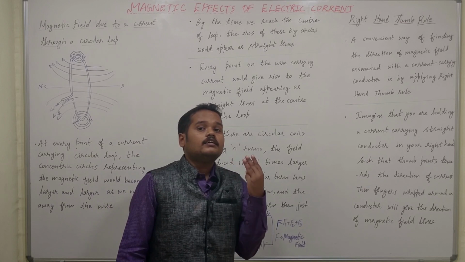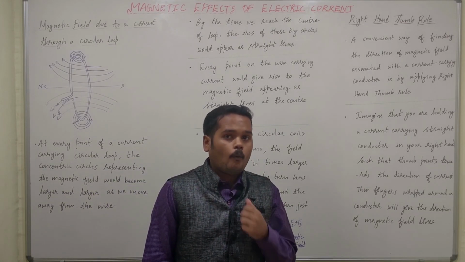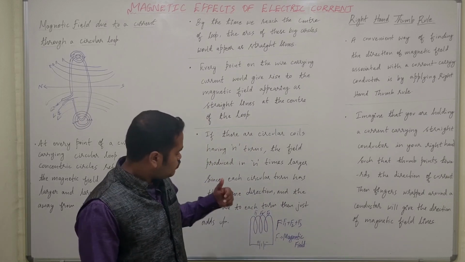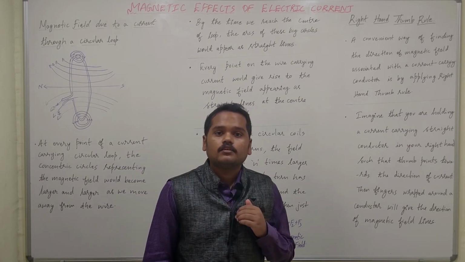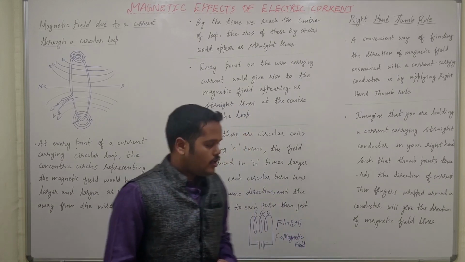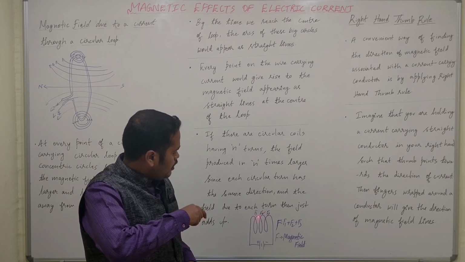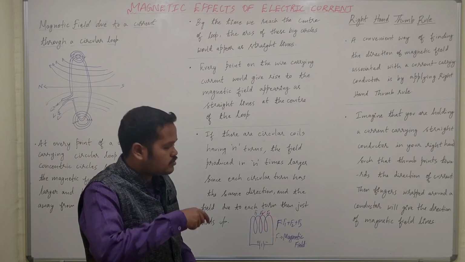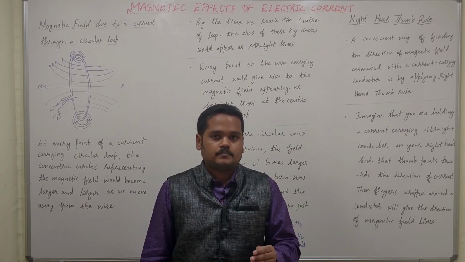So we have taken 3 circular loops. When we take 3 circular loops, what happens? The current which is flowing through all the 3 loops remains the same, right? So the current is flowing through this loop, and it is also flowing through this loop, and it is also flowing through this loop. The current is flowing through 3 loops.